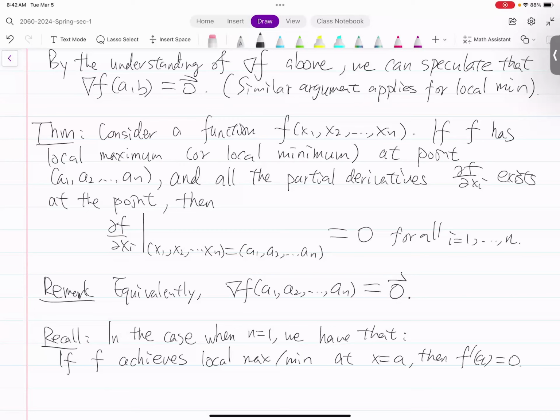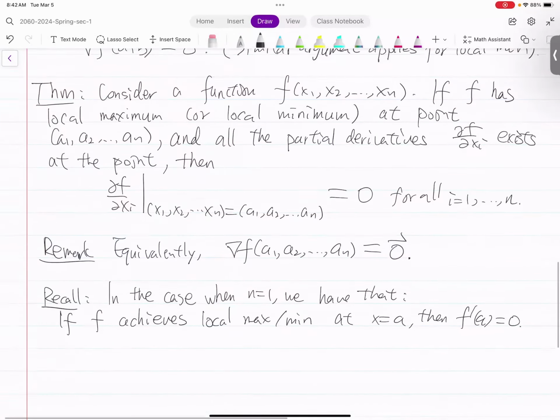So that's what's called a horizontal tangent, right? But if you think about the concept of critical points in the univariate case, then it also includes the points at which the function is not differentiable. Okay, so that's exactly why we have the above theorem.